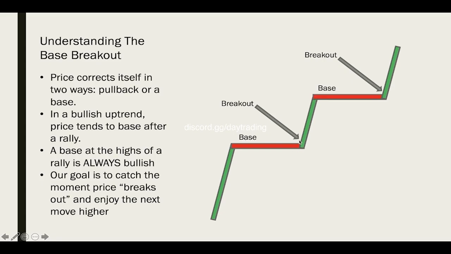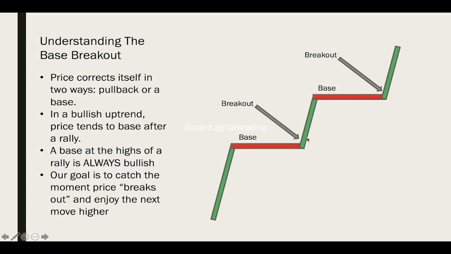We have to understand that in a bullish uptrend, if there's a lot of buying pressure in that stock or crypto, after a large move higher, oftentimes it's going to correct itself through a base. So it's really important that you can identify when this is happening so you can take advantage of this point right here, enjoy the next move higher, and hopefully make a lot of money.